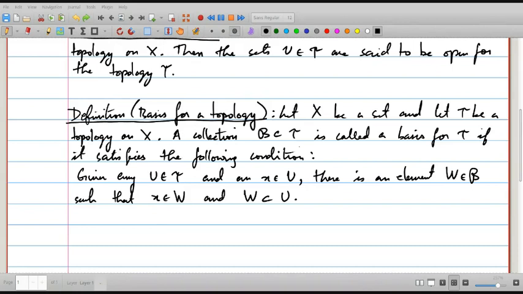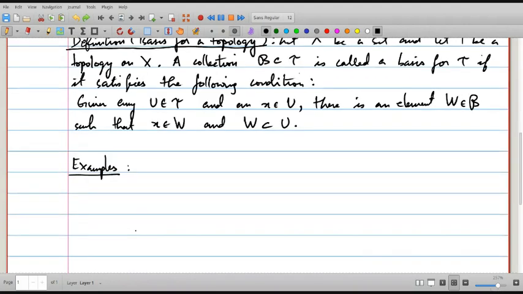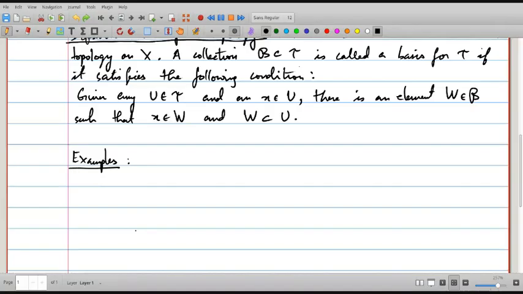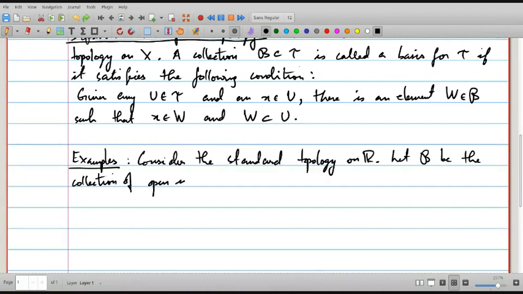So let us see some examples. So consider the standard topology on R. Let B be the collection of open intervals (a, b).